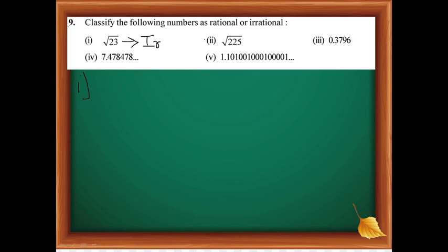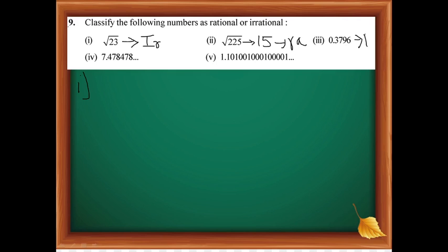Why is it irrational? Because we cannot represent root 23 as a rational number. Then root 225 is a rational number. Why? Its answer we will get is 15. Then 15 is a whole number, and all whole numbers are rational numbers. Then it is a rational number.